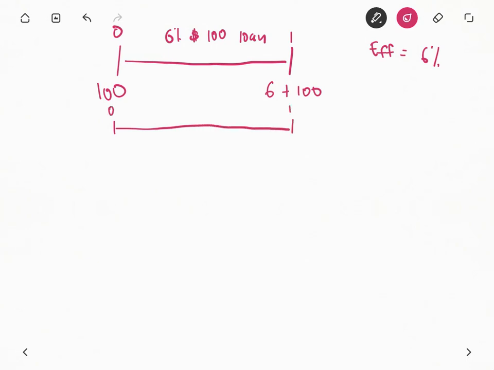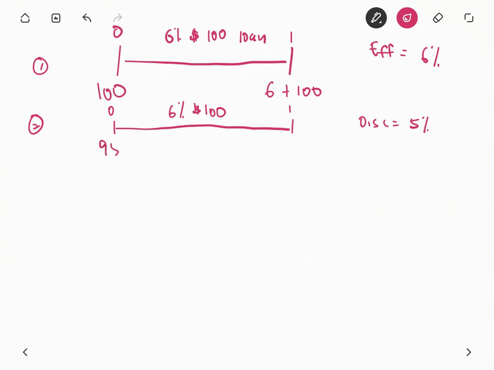Year 0, year 1. I enter into the contract to borrow $100, and it is issued at a discount of 5%. So how much will I receive? I borrow 100, but you don't have to give me $100. You give me 95%.